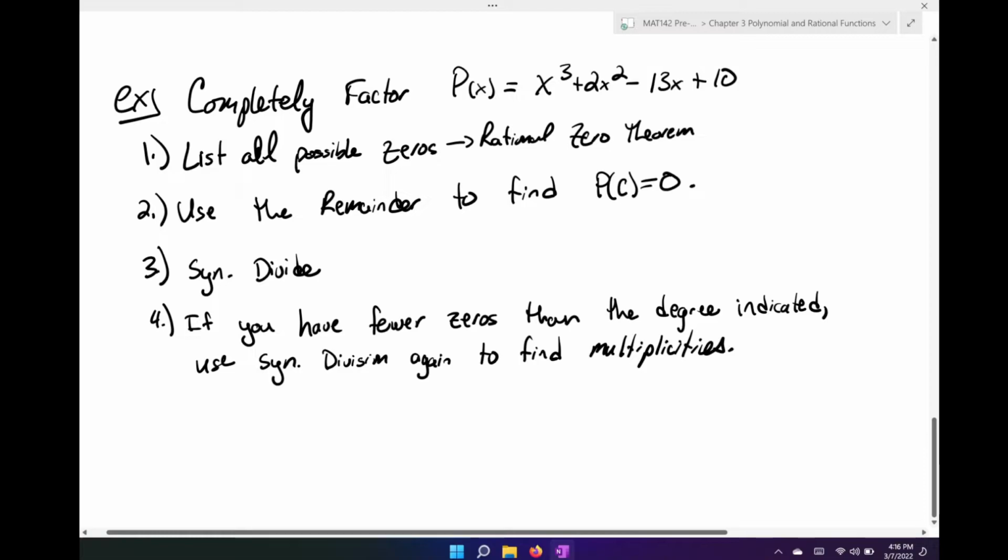And then that's it. Step 5 would be write factored form. Now, later on, there's going to be some techniques that help us to find this very quickly.